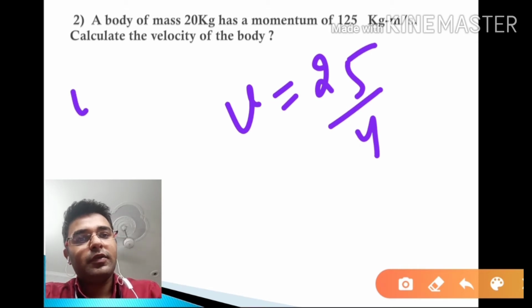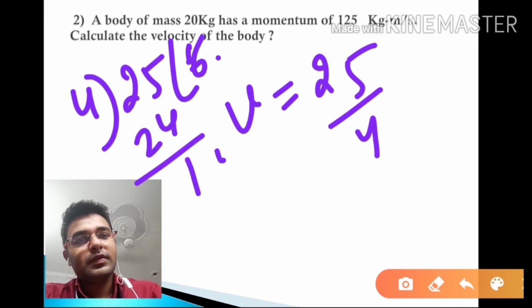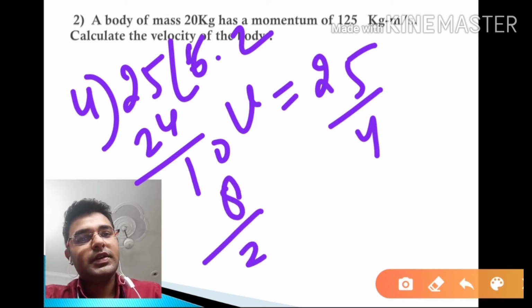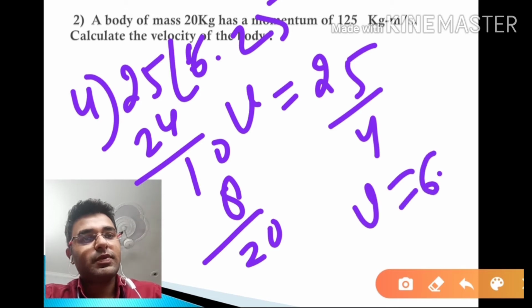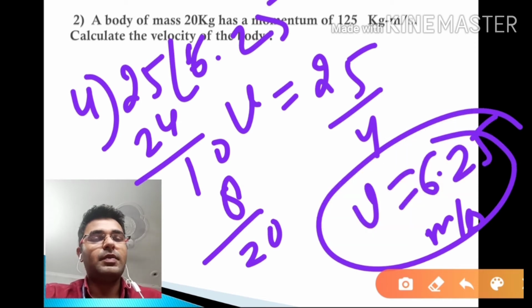If we divide 25 by 4, then 4 fours are 16, 4 sixes are 24, 4 twos are 8, 4 fives are 20. So the velocity will come out 6.25 meter per second. So this is all about the velocity of the body.